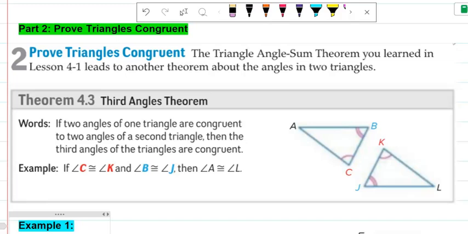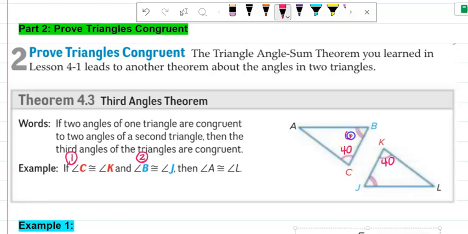Let's say, for example, C and K are congruent to each other. That's one set. And let's say that C and K are both, let's say, 40 degrees. And we've also shown that B and J are the same. So remember, this is the second set we're matching up.